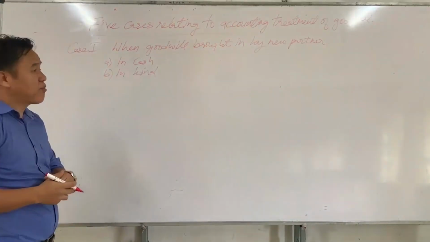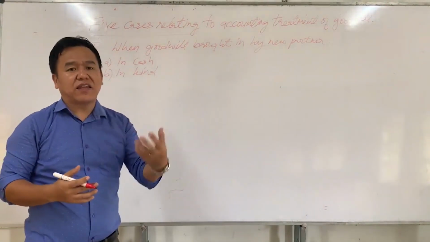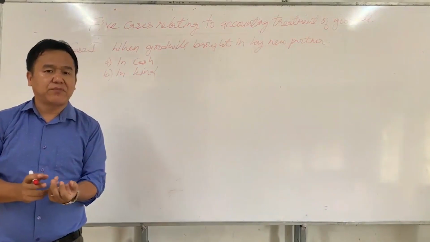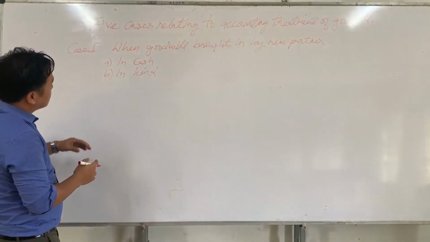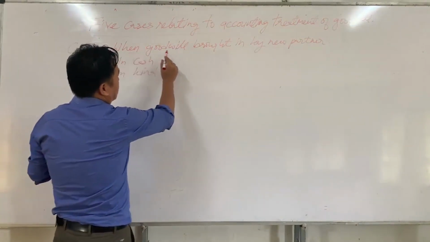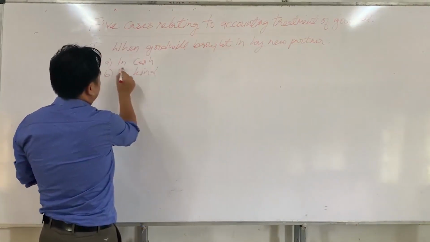In kind means assets other than cash, such as land, building, furniture, etc. First, we are going to discuss when goodwill is brought in by new partner in cash.